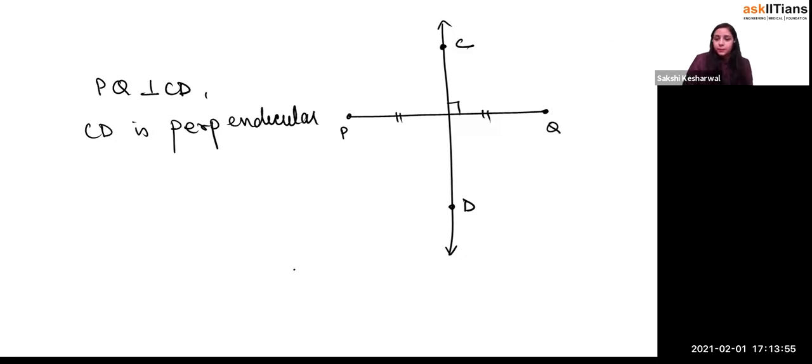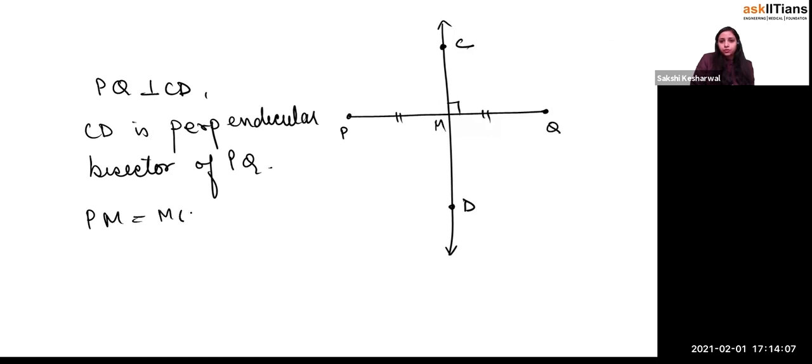These are the strokes I make. The strokes are equal. CD is the perpendicular bisector of PQ, right? So I'm writing this point as M. So can I say that PM is equal to MQ? And can I say this is half of PQ or not? Yes or no? Yes? That's it.